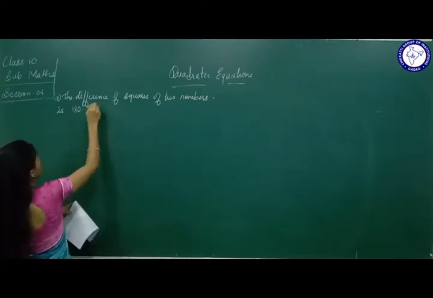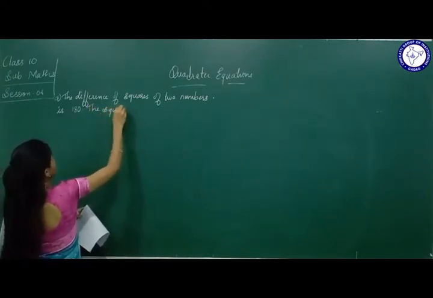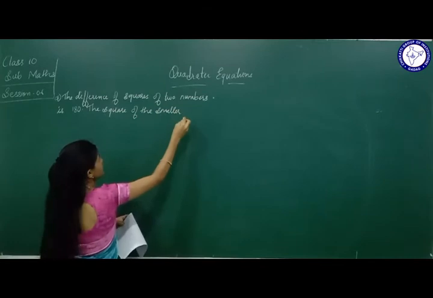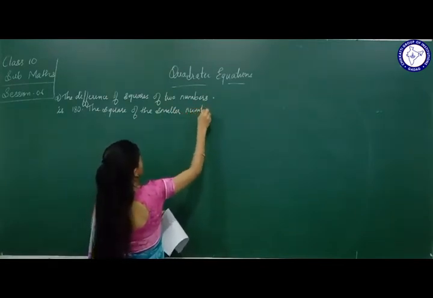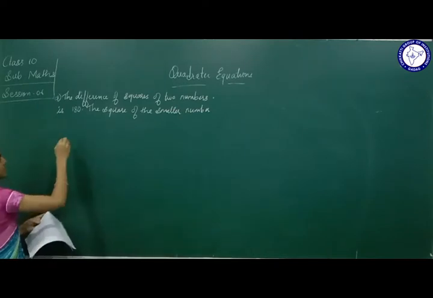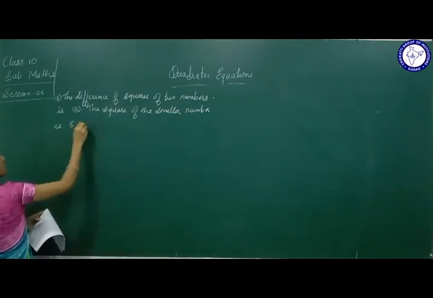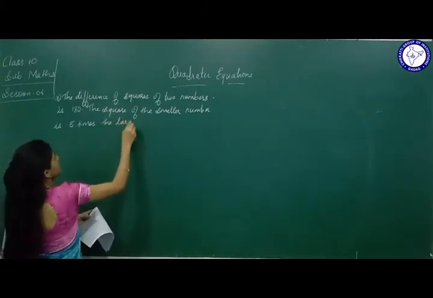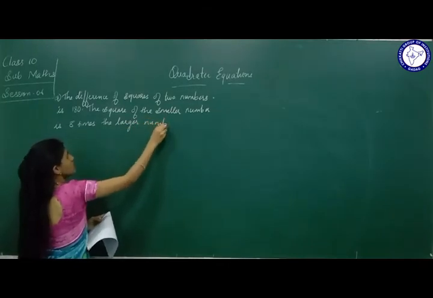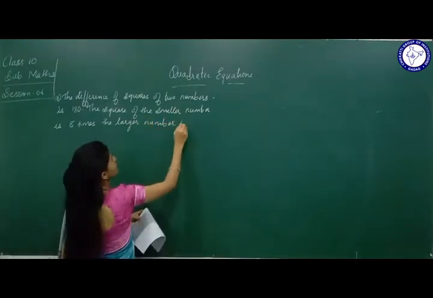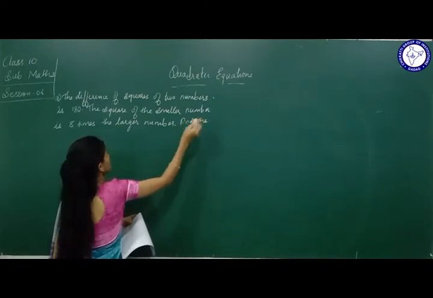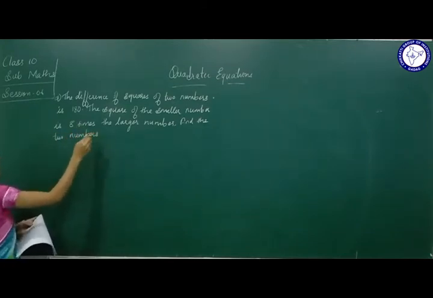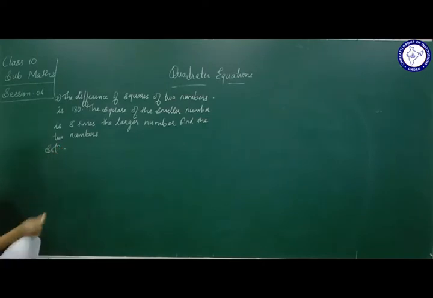The square of the smaller number is 8 times the larger number. Find the two numbers. Okay, let us start finding its solution.